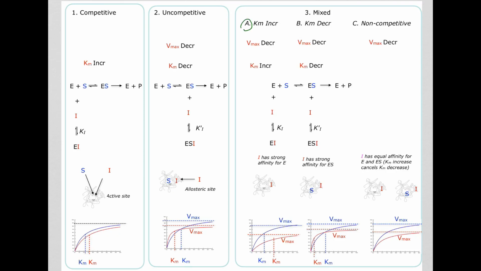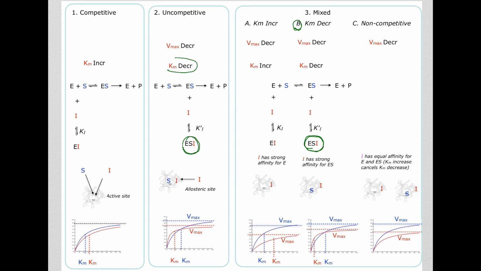So in the first case, A, since the inhibitor has a stronger affinity for the enzyme, this will look more like a competitive inhibitor, and therefore Km will increase, similar to what we see in competitive inhibition. In the second case, the inhibitor has a stronger affinity for the enzyme substrate, and that's what we see in uncompetitive inhibition.